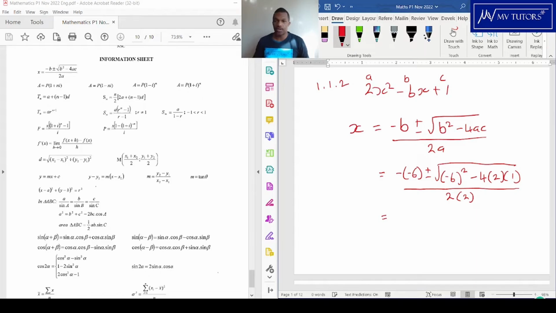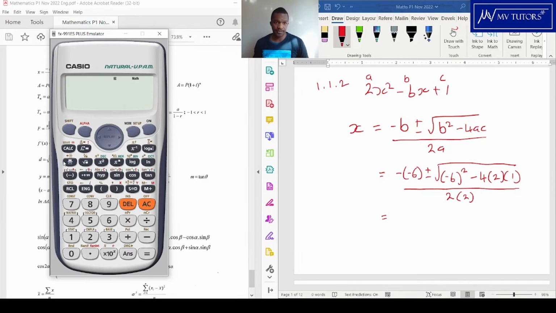Now, what you need to do here is put this in a calculator exactly as it is. So, I'll put the fraction minus, open the bracket, minus 6, start with the plus, we open the square root, another bracket, minus 6, close the bracket and square it, minus 4, open a bracket, 2, close it, open another one, 1, close it, and go downstairs. 2, open bracket, 2.